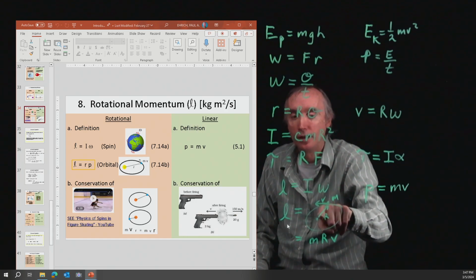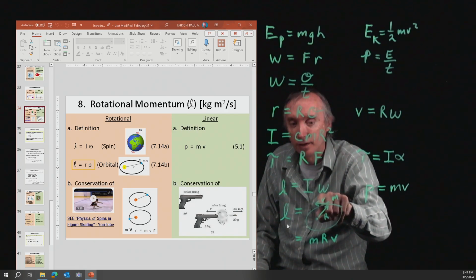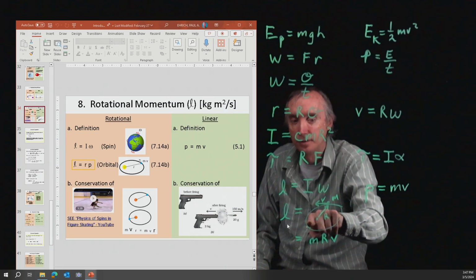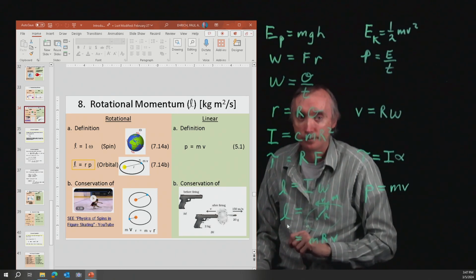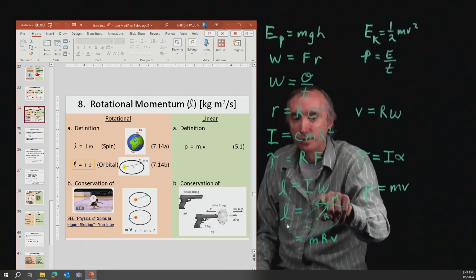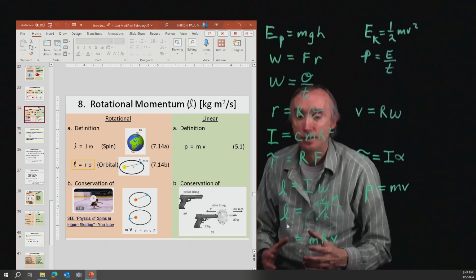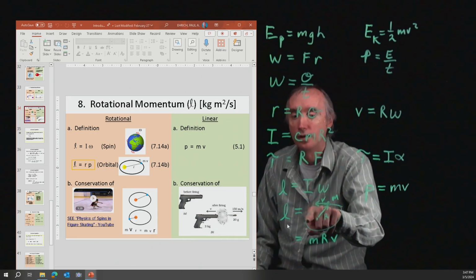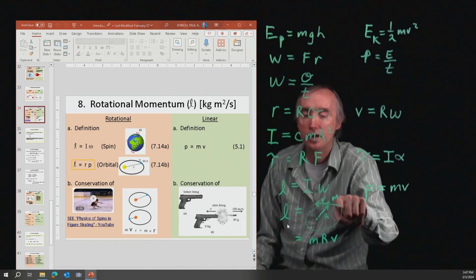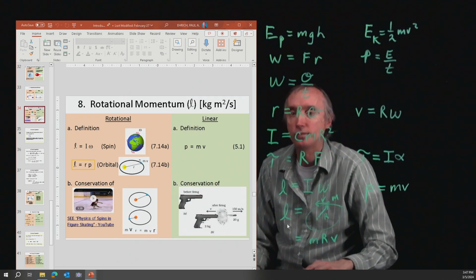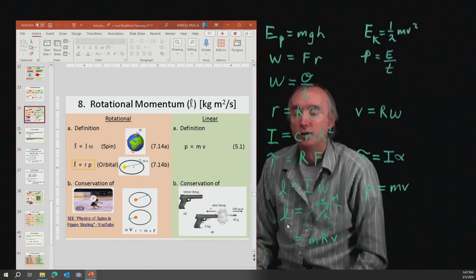In the case of a planet, if a planet gets closer to a star, the r gets smaller. And if the r gets smaller, the v gets bigger in order to compensate. So a planet speeds up the closer it gets to a star. And then as it moves away from the star, it starts to slow down again. That's what I want you to know for the exam.